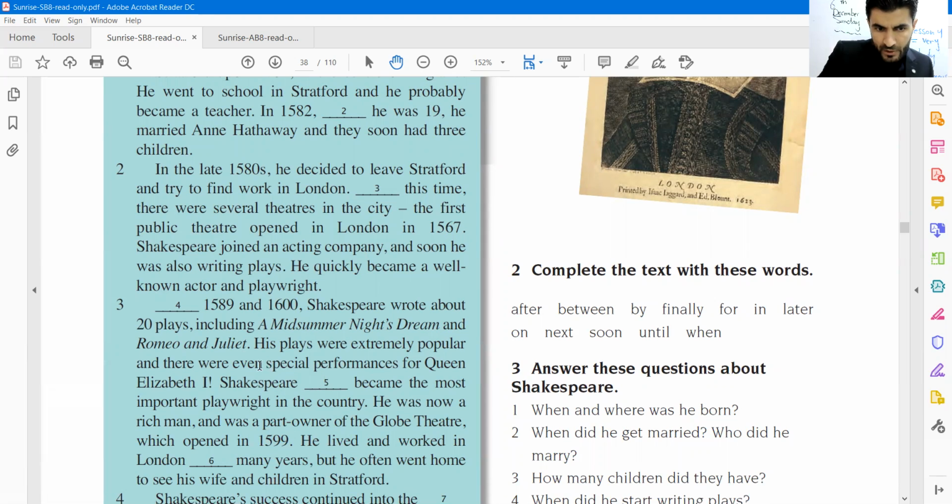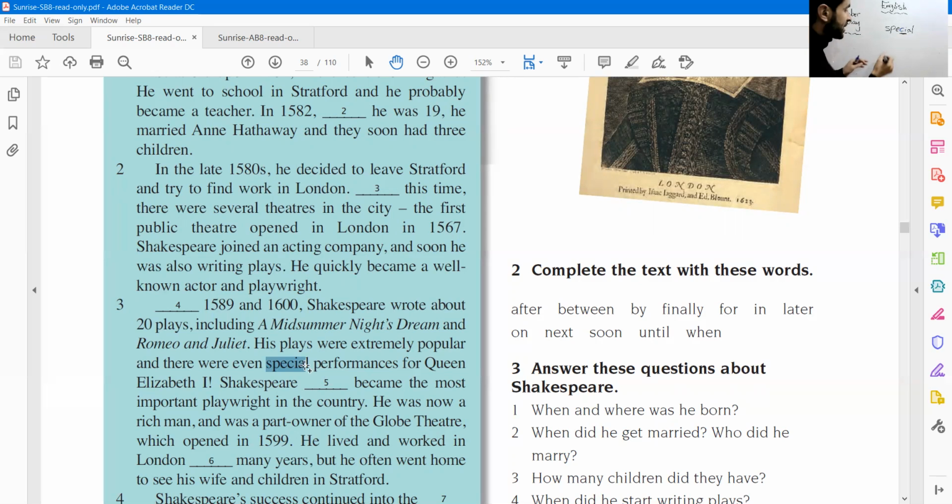So special, we've got this one, special, as you see, okay? So we've got the sound sh, special. So many times when you have CI, it's most of the time pronounced as sh.